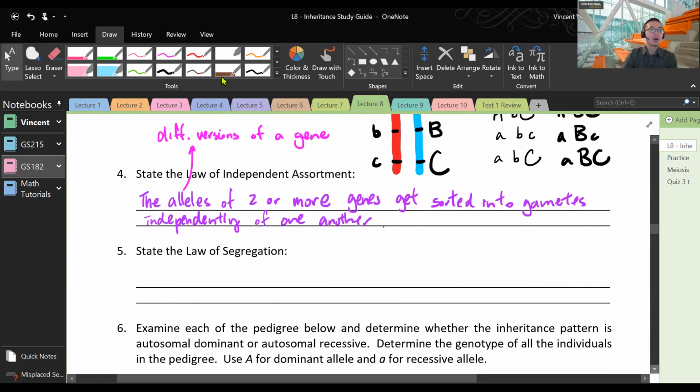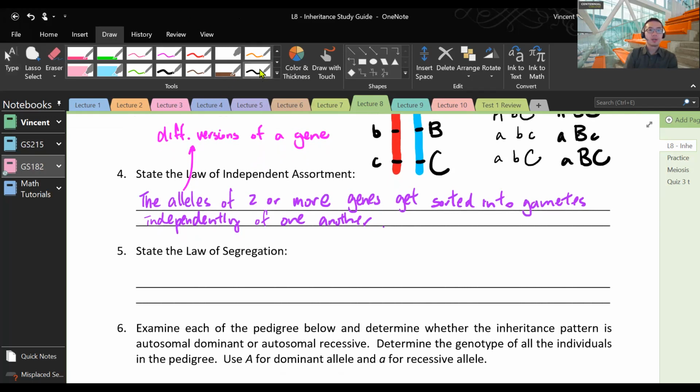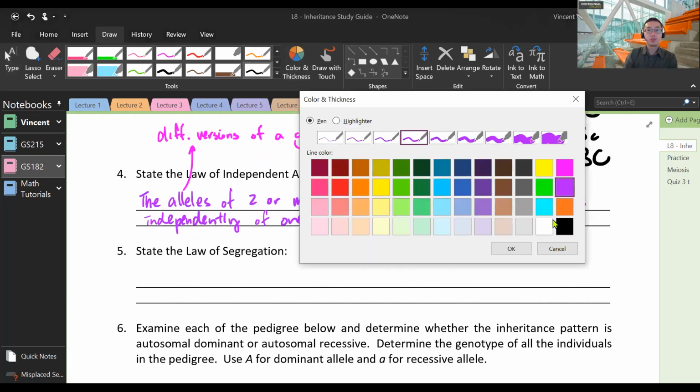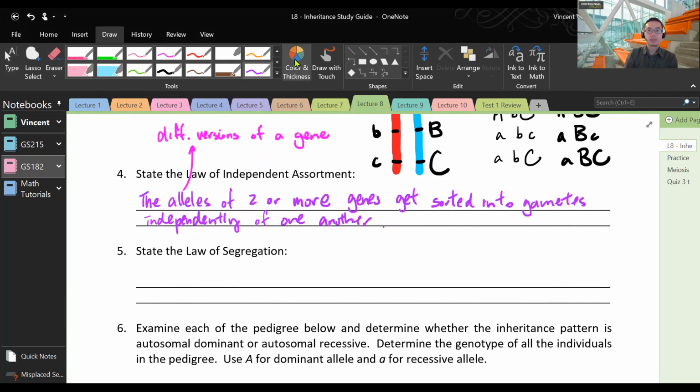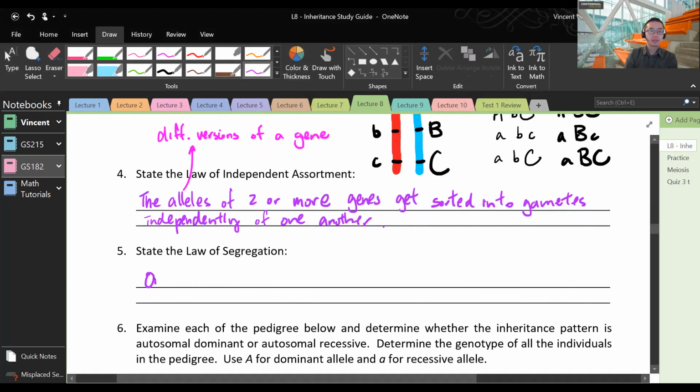Okay, next one, the law of segregation. The law of segregation states that during metaphase, basically, okay, only one of the 2 alleles in a diploid organism will be passed on to each gamete.